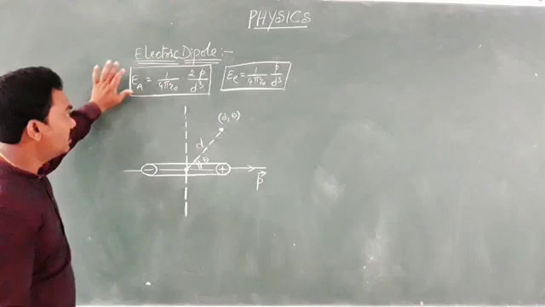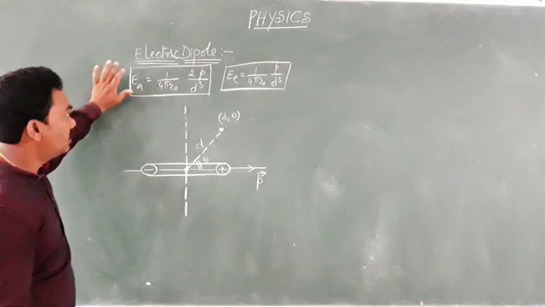Plus E2 square, with (1 by 4 pi epsilon naught) whole square taken as common already, (p sin theta) whole square by (d cube) whole square, over square root. In this, 1 by 4 pi epsilon naught will come out of the square root, and in the denominator d cube will come out of the square root, p square will come out of the square root.